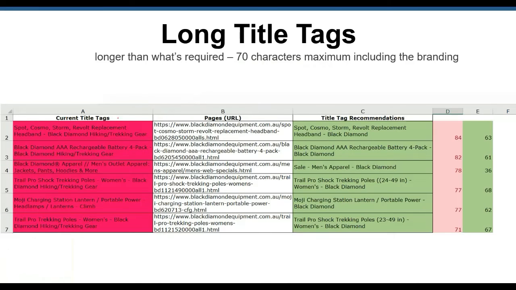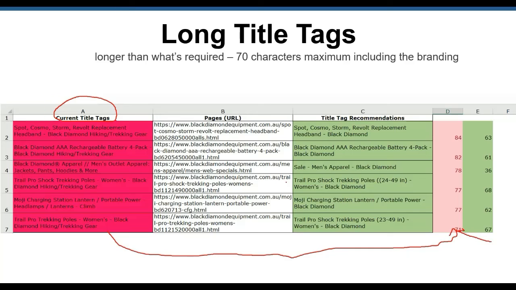Here are the current title tags of this Black Diamond Equipment website. As you see, they look really, really long, and I counted the characters. They are over 70 characters, so they are considered long title tags.